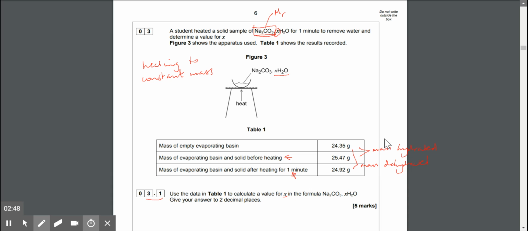So if we had the mass of the hydrated solid and the moles of the hydrated solid, we'd be able to work out the MR of the hydrated solid, from which we'd be able to get X. All right. So let's go through that process. Let's do it on the left-hand side here. Okay, so we're going to say mass, let's call it mass hydrated.